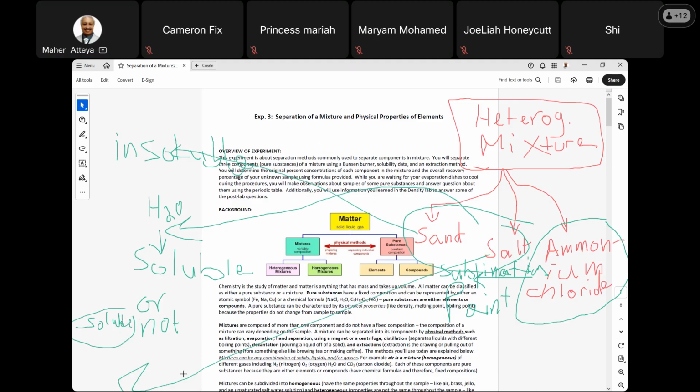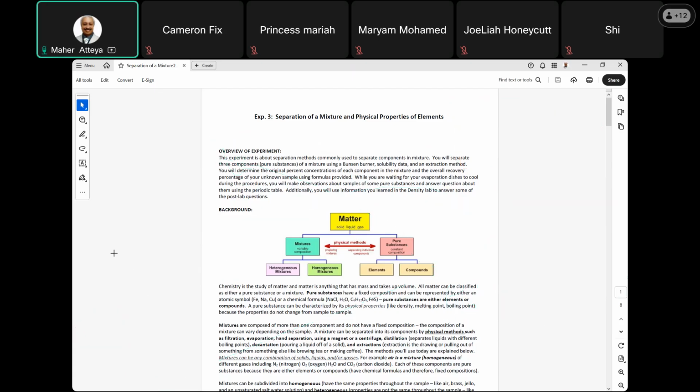Now one more thing to know: the formula of each of those. Sand is SiO2.